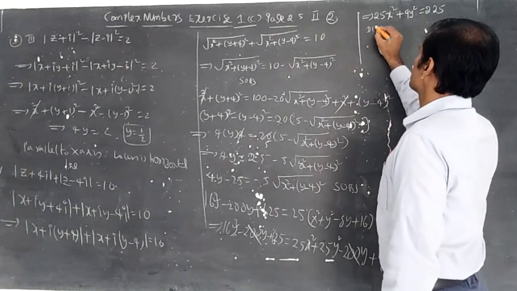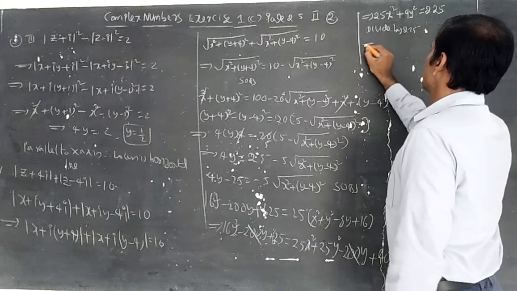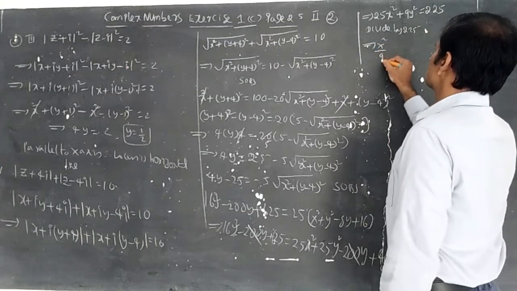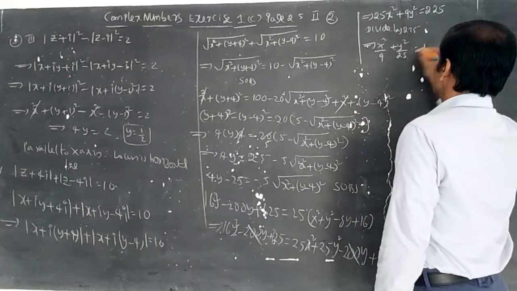So divide by 225. It becomes x square by 9 plus y square by 25 equal to 1.